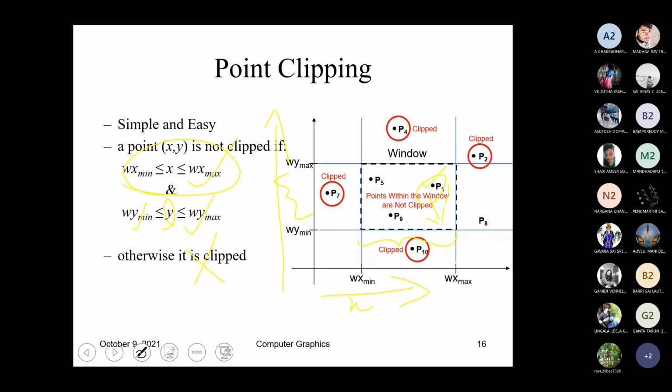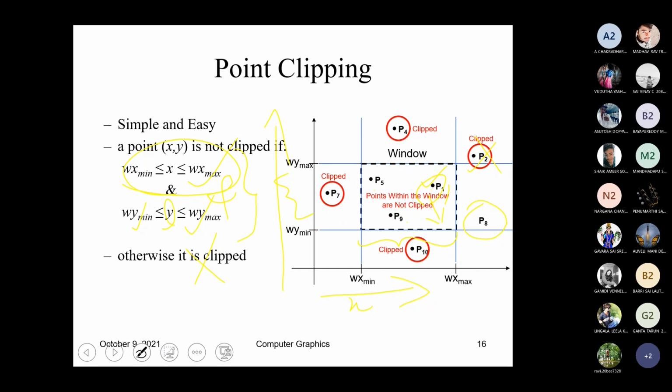Consider point P2. Again, mathematically you have to check whether it is inside x min, y min, x max and y max. It is outside your x max, right? So what should you do? You should clip it off. And consider even P8. Just remember the symbol is AND, so both conditions should be satisfied.